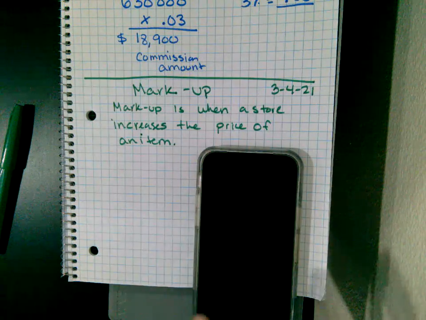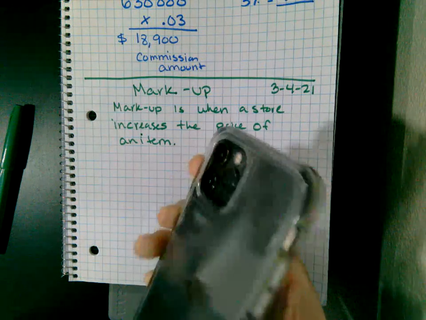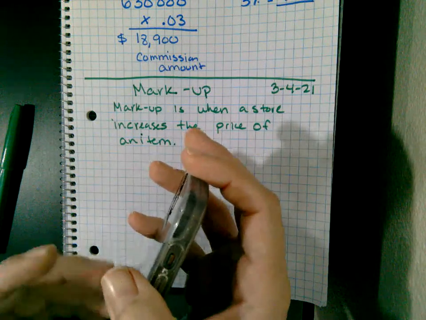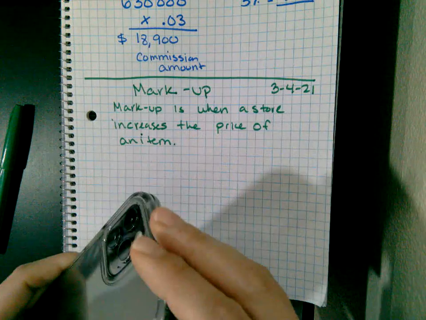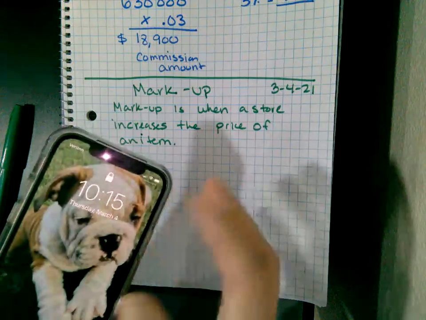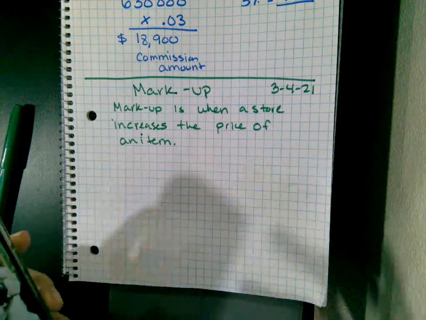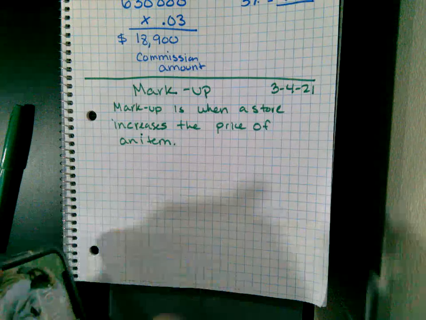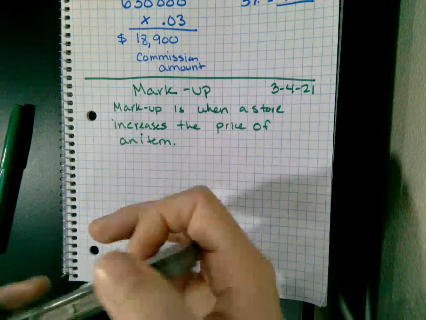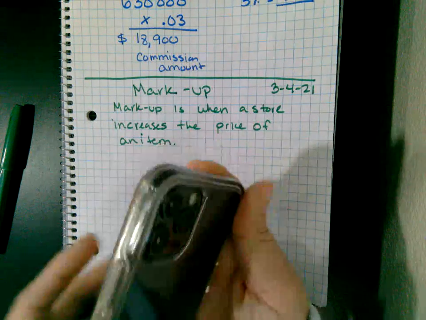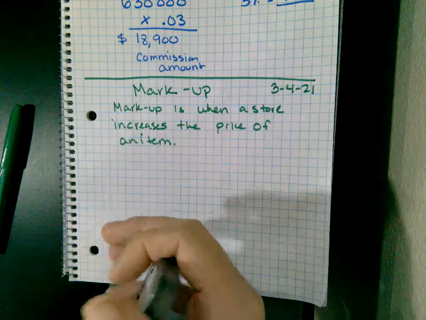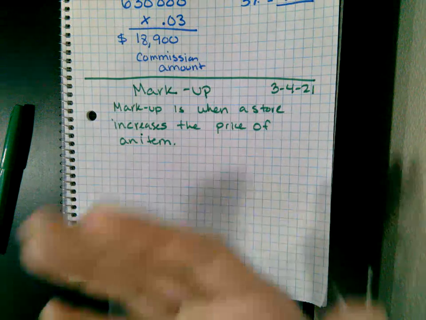I'm pretty sure to make an iPhone, it might cost maybe $100 to make it, like the cameras, the lens, the glass, the interior part, all the circuits that are inside, the speakers, all of that, and to have the employees actually build it, put it together. Plus, they're making a lot at the same time, right? So that brings down the cost. So to make the iPhone, I would say it costs $100 to make.